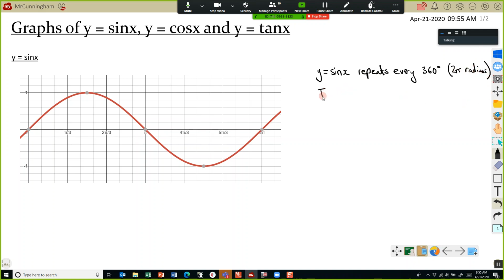Its maximum y value is 1 and its minimum y value is -1.